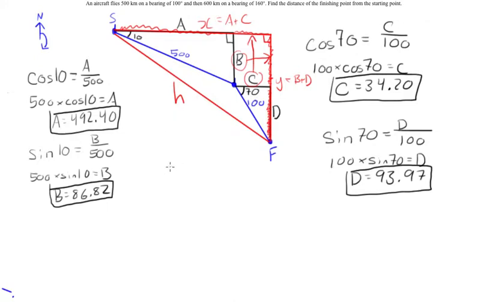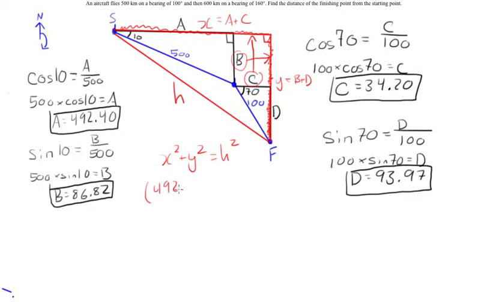So if we remember Pythagoras and his lovely theorem, he said a squared plus b squared is c squared. To avoid any confusion with a's and b's and c's, which are already used, I'm just going to say that this is side x. And if I square that and add that to side y squared, that should equal side h squared. Right, so side x is going to be, again, a plus c.